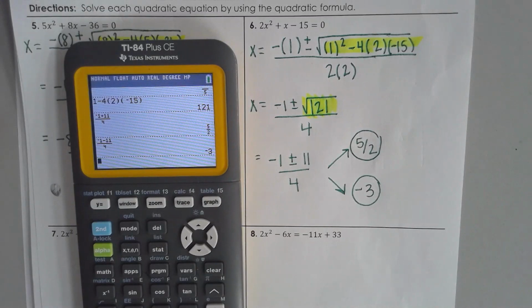So this parabola crosses the x-axis at negative 3 and at 2.5.